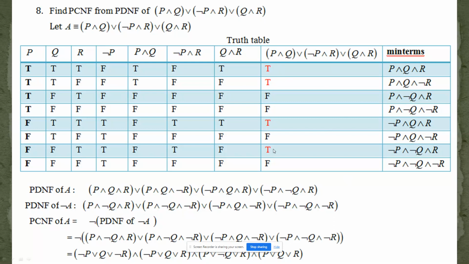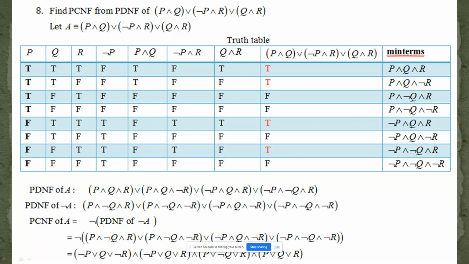We have four truths. Now the disjunction of these min terms: P and Q and R, or P and Q and negation R, negation P and Q and R, negation P and negation Q and R. This is the PDNF. Now take the remaining terms' disjunction, which is known as the PDNF of negation A.